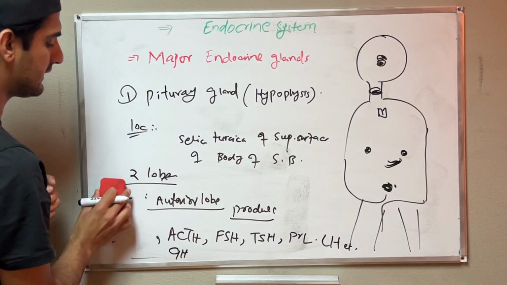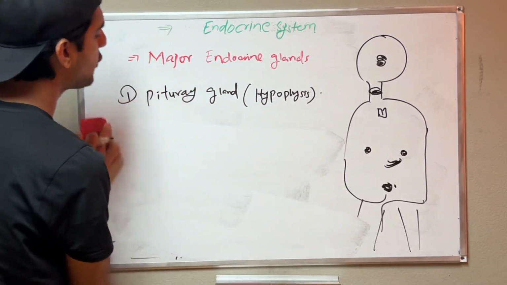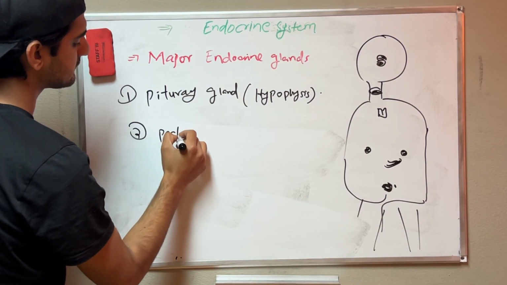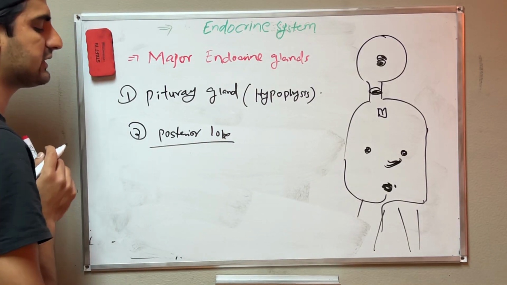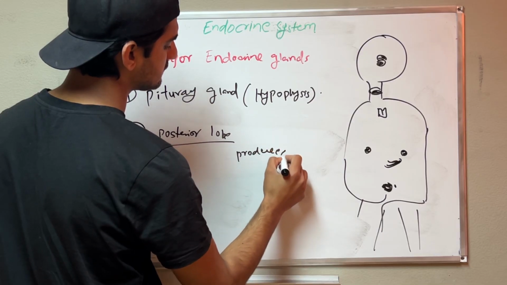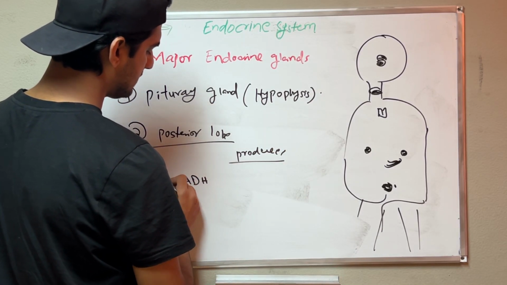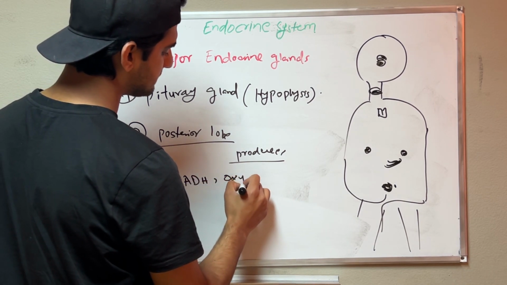We will start here to write this. The second lobe is the posterior lobe. The posterior lobe produces ADH hormone, antidiuretic hormone, and oxytocin.